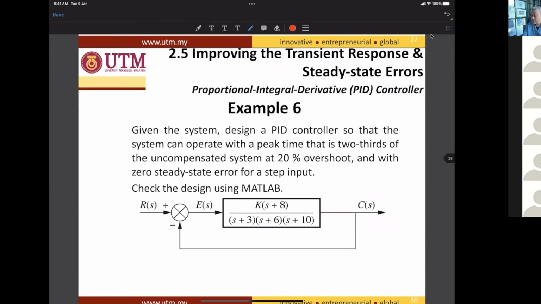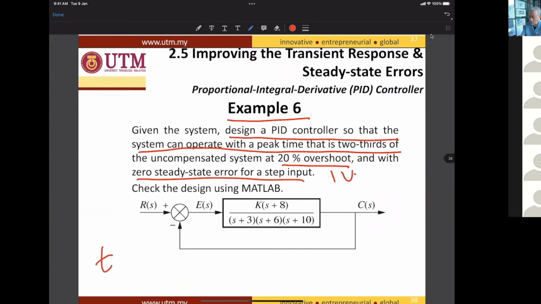Example 6. Given the system, design a PID controller so that the system can operate with a peak time that is 2/3 of the uncompensated system at 20% overshoot with 0 steady state error, input 1 volt. So maknanya peak time yang baru is 2/3 peak time yang lama.